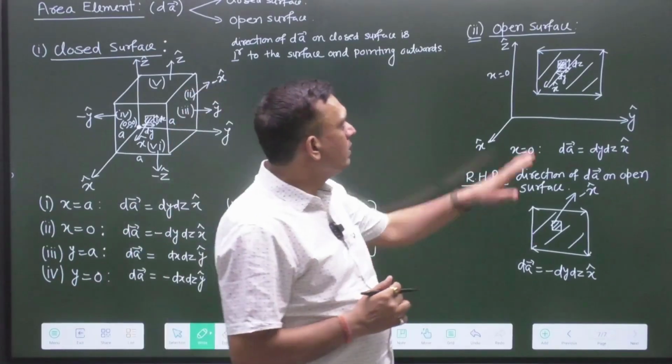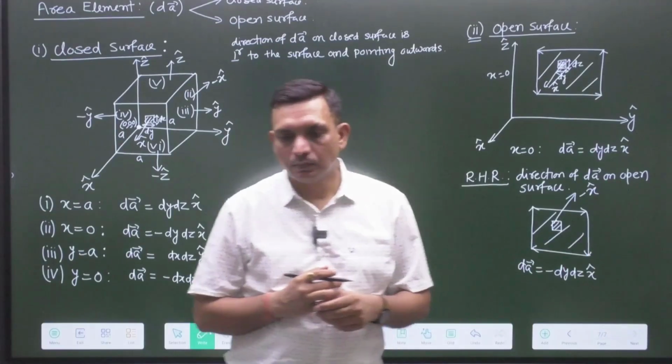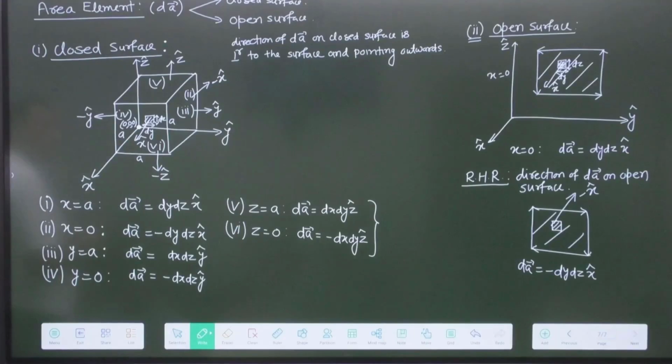So that is the direction of dA on an open surface. Just use the right hand rule. Anti-clockwise, this is x cap, and in clockwise you have minus x cap. Use the right hand rule. Don't take it as positive or negative.